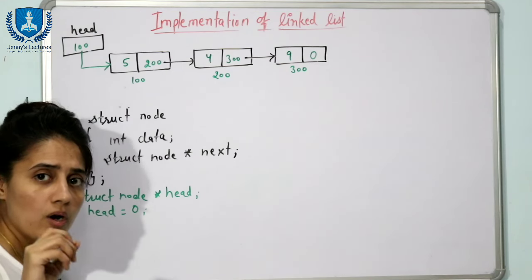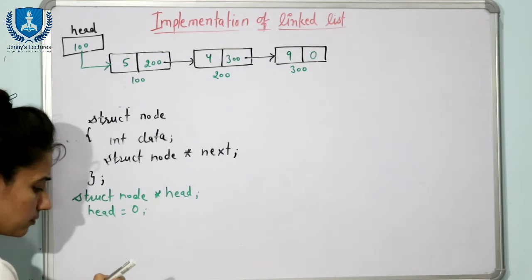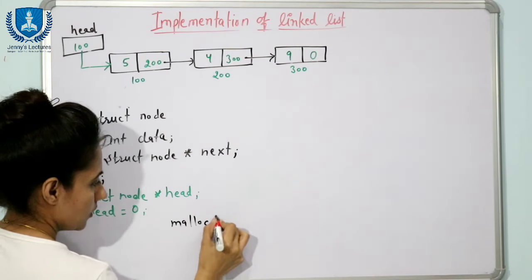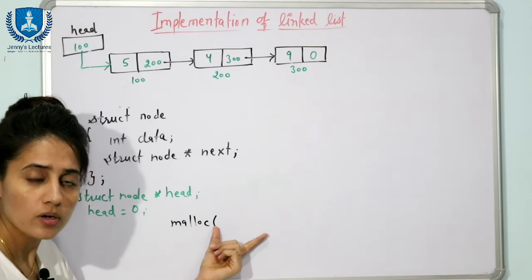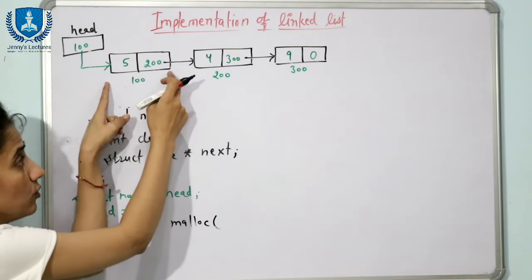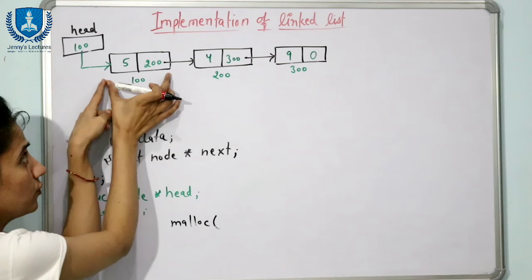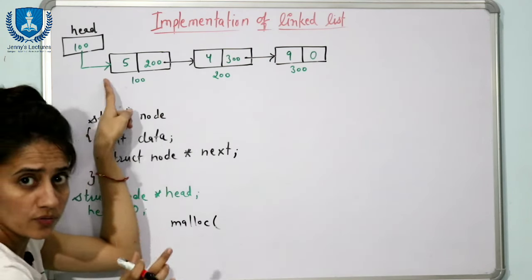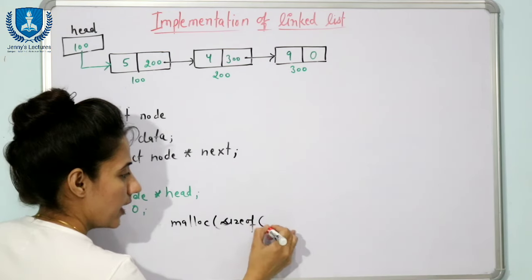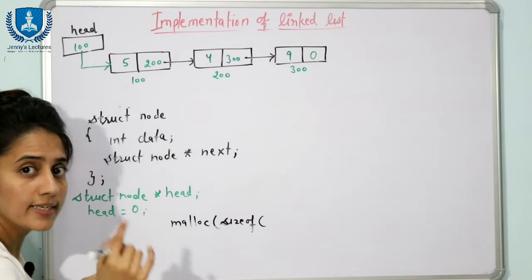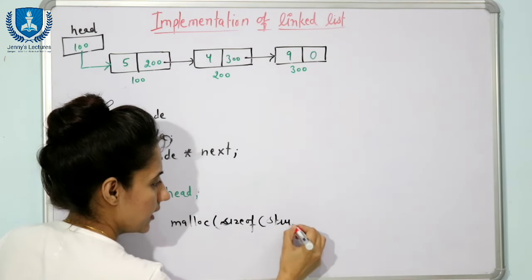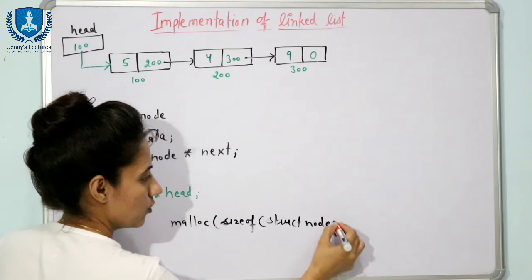Now how can you use the malloc function? The syntax is: you simply write malloc, and in brackets you write the size, how much memory you want. We want memory according to the size of this node. So you write sizeof, and in brackets the data type of this node, that is struct node.